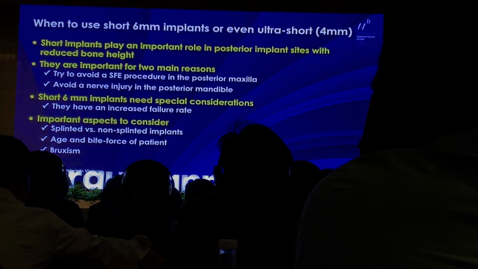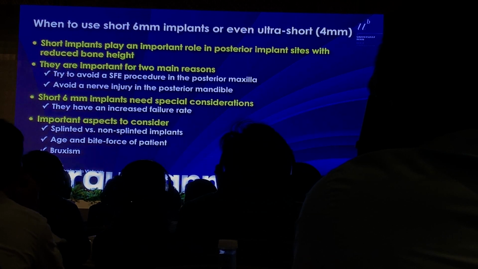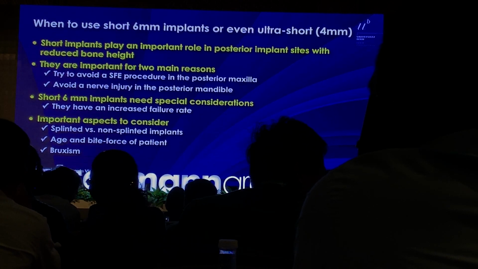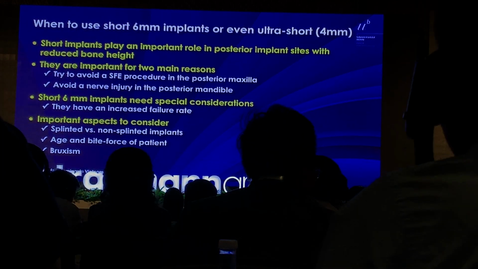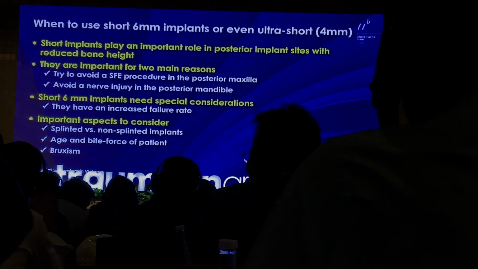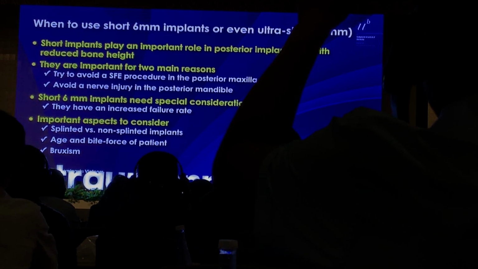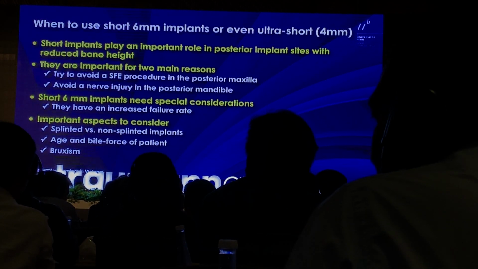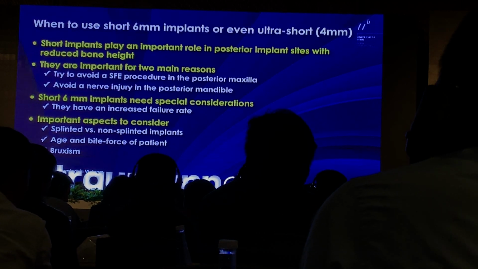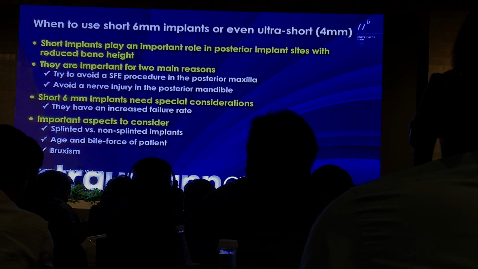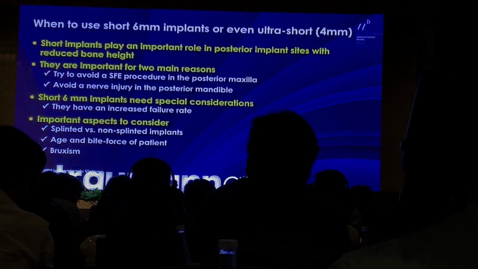The same is in the mandible when there is not enough bone height on top. So I try to avoid, of course, nerve injury. I'm very proud to say I've done so many surgeries, never injured the nerve. And I don't want to change that. I have seen in my department 3 nerve injuries in the last 20 years. That's not much, because in 20 years we treated more than 10,000 patients.